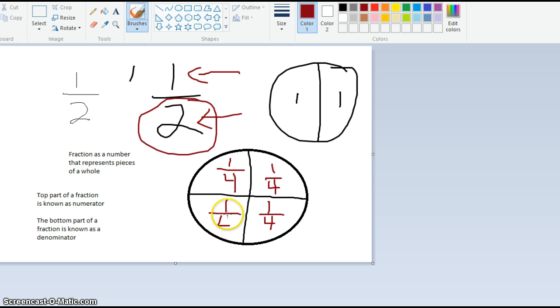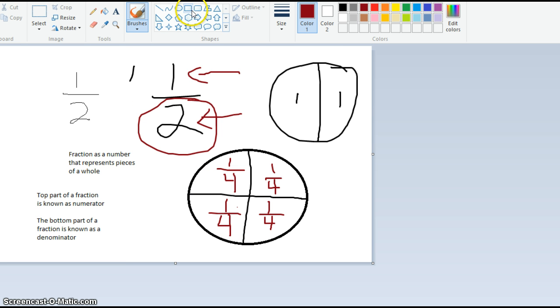So if I was just talking about one of these pieces in the pie, the number 1 represents the number of pieces that I'm talking about, and the number on the bottom, the denominator, the number 4, represents how many total pieces there are in this object that I'm looking at.